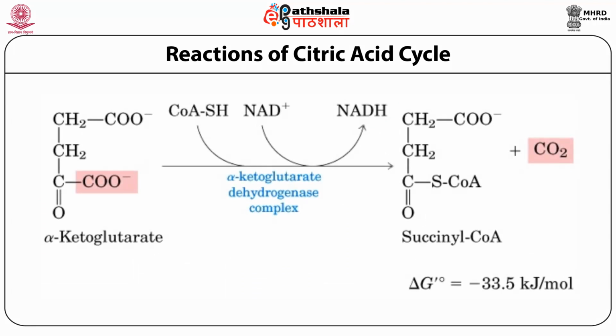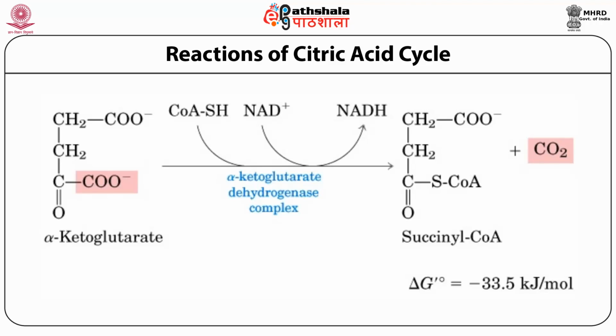The fourth step is performed by a huge complex composed of three types of enzymes connected by flexible linkers. A lot of things happen in this complex. One more carbon atom is released as carbon dioxide.